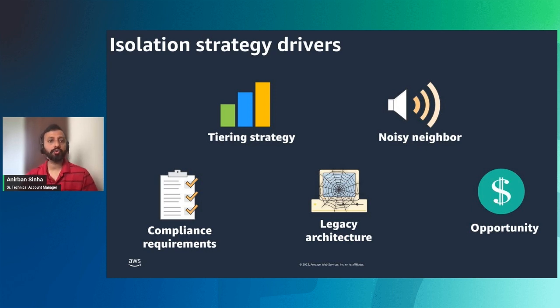It can also be a noisy neighbor scenario or your compliance requirement where you are forced to use no shared infrastructure. Or it could be a legacy architecture that is impeding you from getting into the multi-tenant environment. Your isolation strategy could be driven by your new opportunity like large enterprise or SMB market that you are trying to cater to.